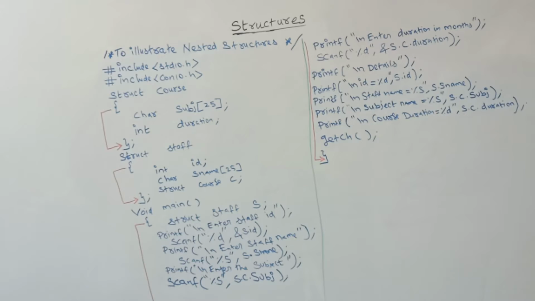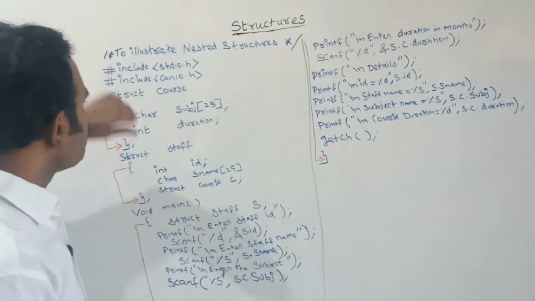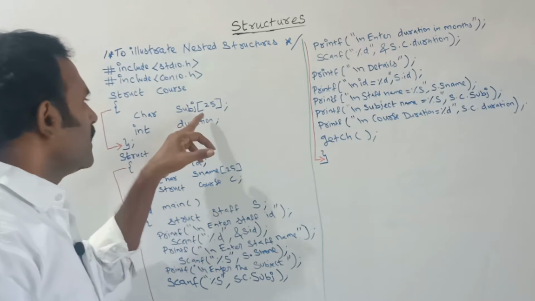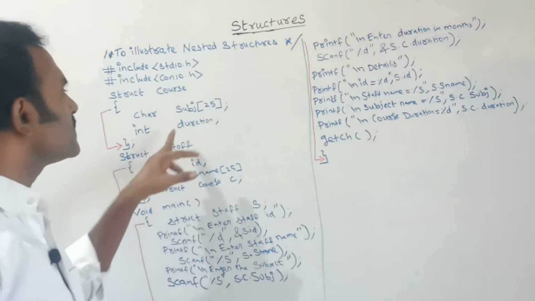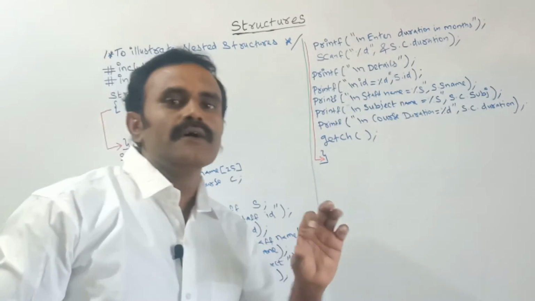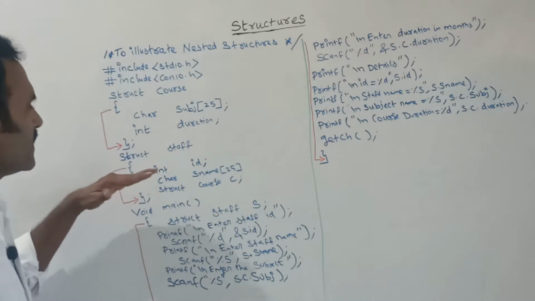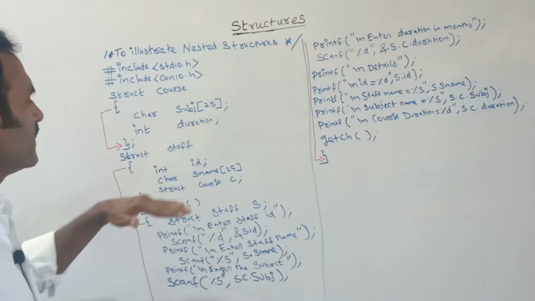See, in the first structure I have two fields. The first one is character data type, that is subject name. Second, this is integer data type, duration for that subject. Next, staff details. Here first staff ID, next staff name.